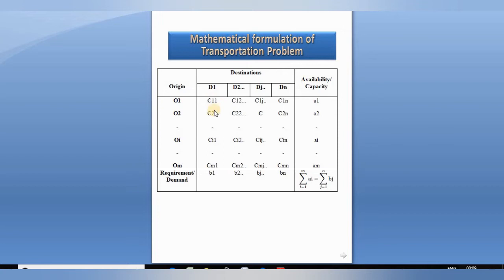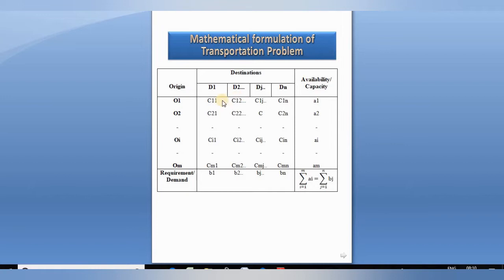So Cij, where i is the origin and j is the destination. So this is the cost to transport goods from origin 1 to destination 1.